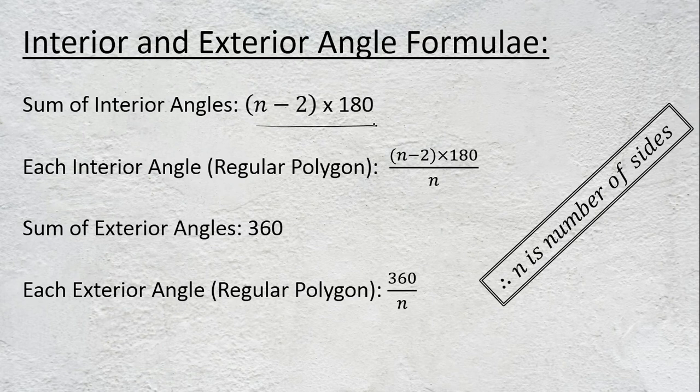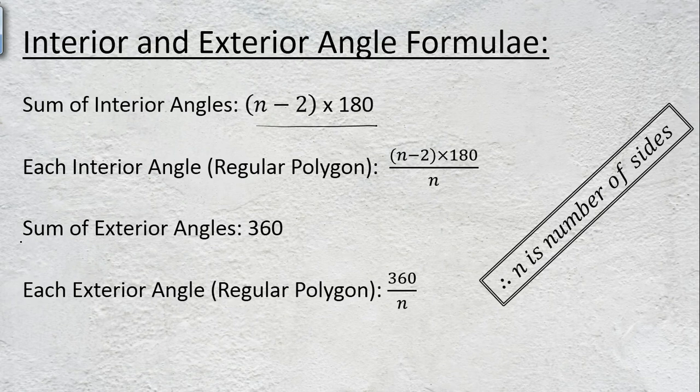So to find each interior angle, the formula is (n minus 2) multiplied by 180 divided by n. In the numerator we write the sum of the interior angles, and then we divide it by the number of sides. We get each interior angle, because in a regular polygon all angles are equal.